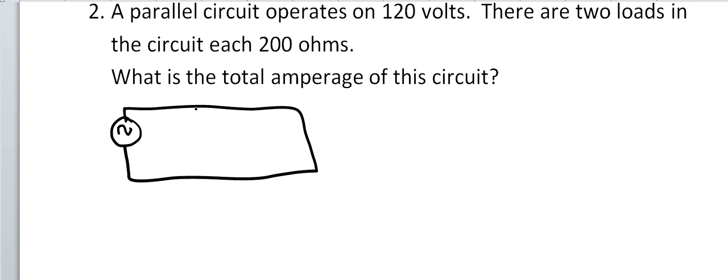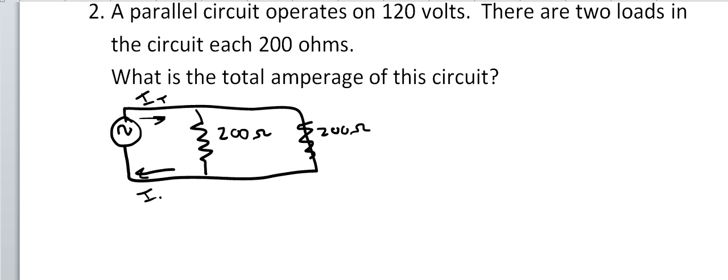It's got two loads in it, each of them 200 ohms. And we're asked to find the total amperage. We're asked to find IT, which is right here. And the amperage leaving the circuit will be the same as the amperage returning from the circuit.